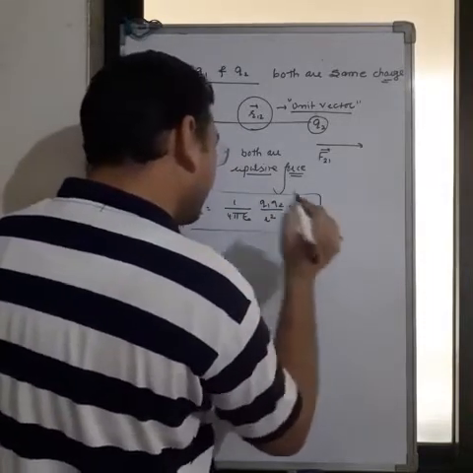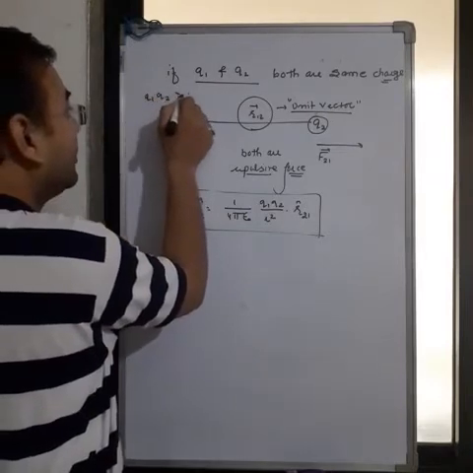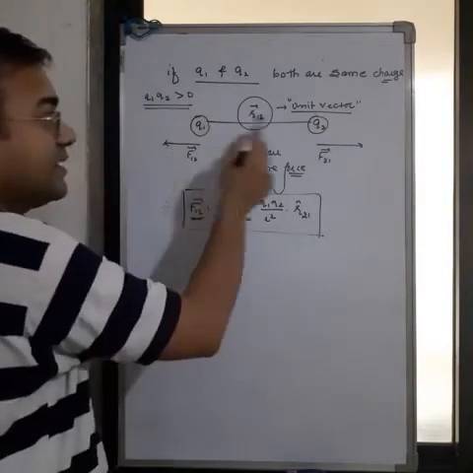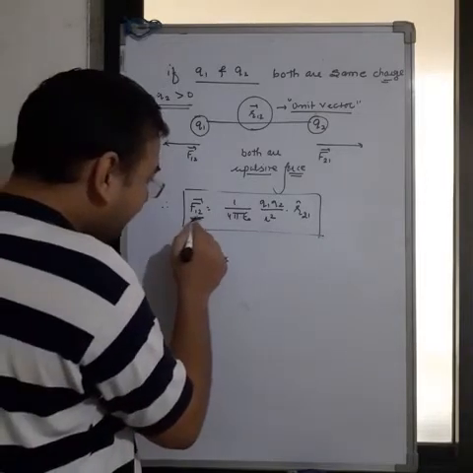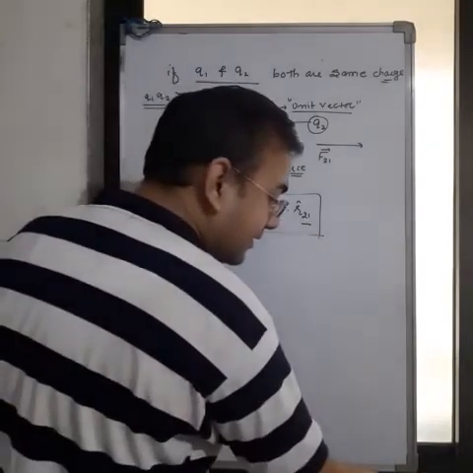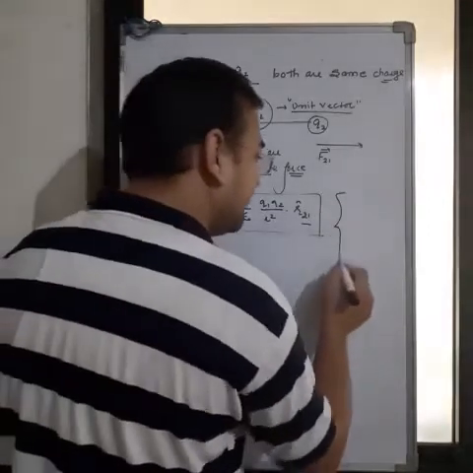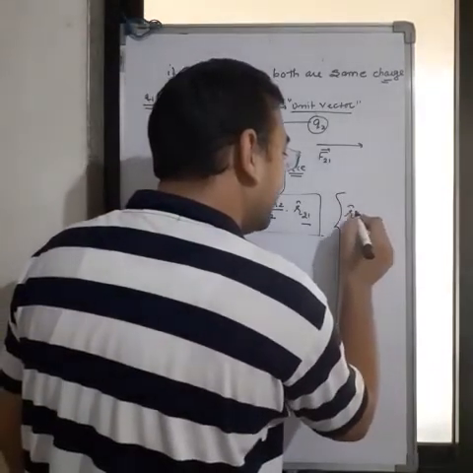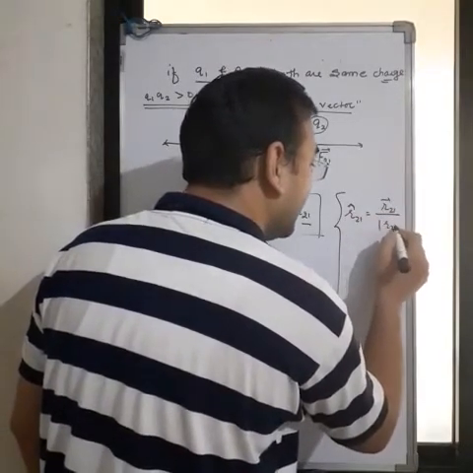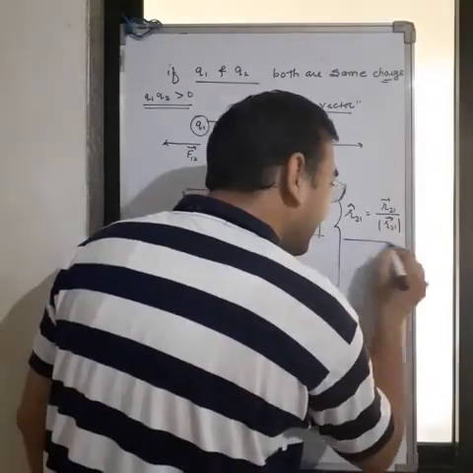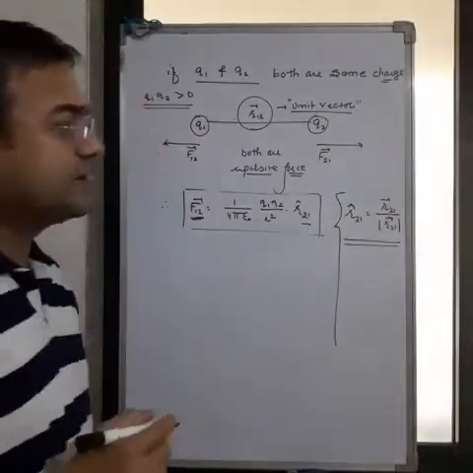Keep in mind, when Q1 Q2 is greater than 0, which means both are the same charge, then the force F12 has a unit vector given in the form of R21. If we take the R21 unit vector, it is the R21 vector upon the R21 magnitude. We already know that the unit vector is equal to the vector upon its magnitude.